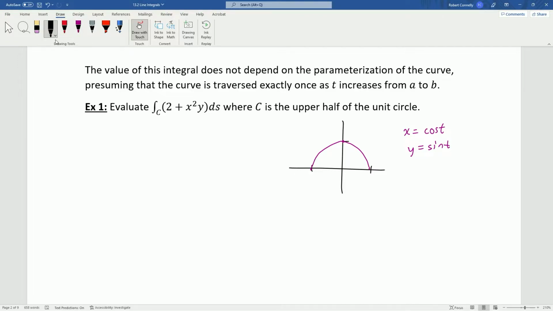Okay, so now let's go set this integral up. Well, what do we know? We know that this integral is going to go from t from 0 to 1. Now we want to replace ds with the square root of dx/dt squared plus dy/dt squared dt.